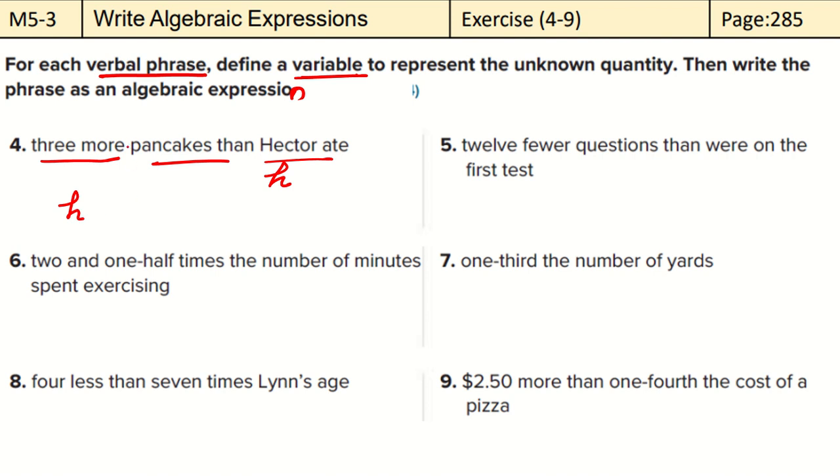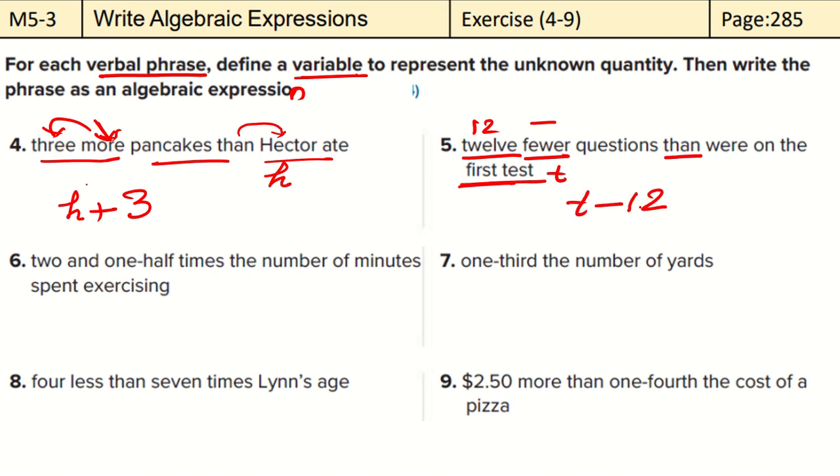So H more than, more means plus, and what I told you, the letter or thing which comes after than, comes before, and whatever you have before than, comes after. So H plus 3. Now 12 fewer, fewer means minus, than were on the first test. So I am taking t as the variable for test. So after than it is t minus, and then 12.